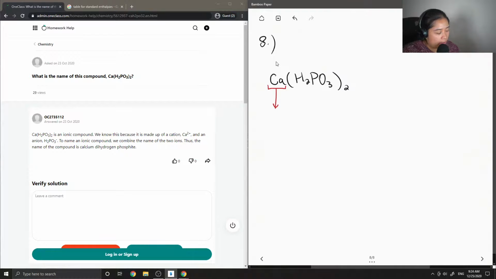So we have the calcium ion, which has a 2+ charge. And then we also have H2PO3 minus. So this is also known as dihydrogen phosphite.